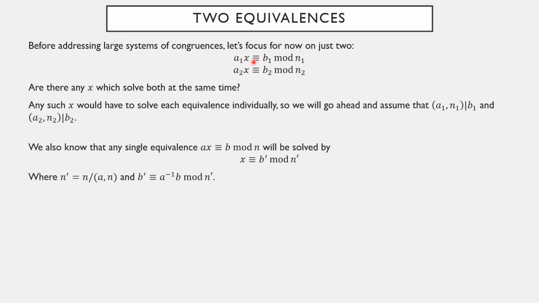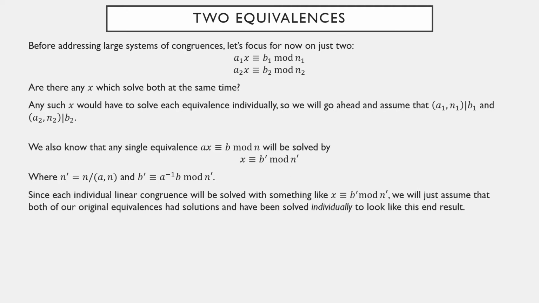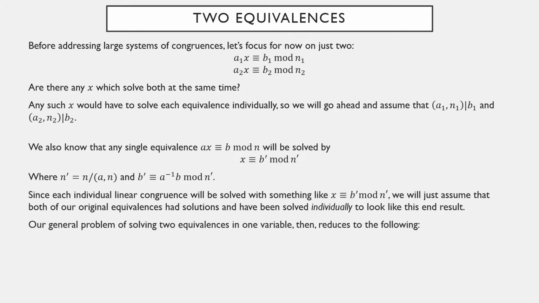So if one equivalence has a solution, it will end up looking like this: x equivalent to something mod something else. So each of the individual congruences would eventually be solved to have that kind of form. So what we're going to do is assume that we've already done that work. In other words, our general problem of two equivalences with one variable is just going to look like this.